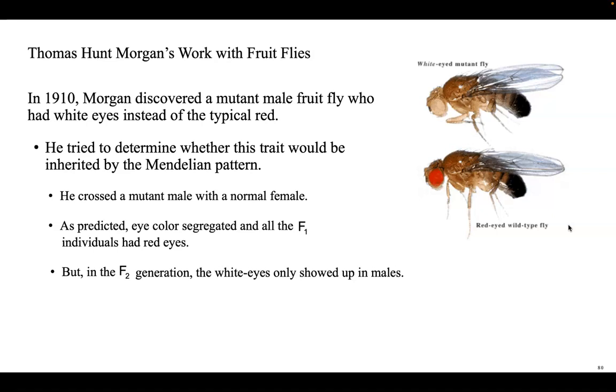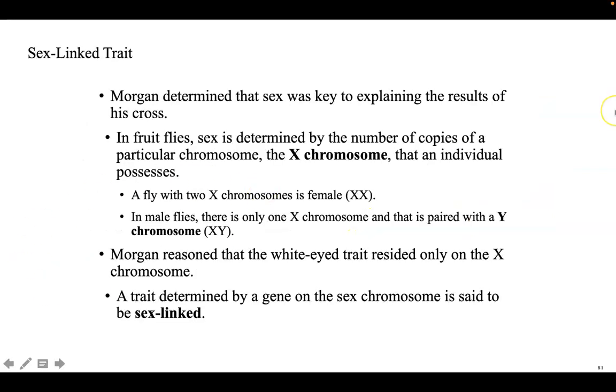He crossed a mutant male with a normal female. So the normal female has red eyes. And as predicted, eye color segregated, and all the F1 individuals had red eyes. But in the F2 generation, the white eyes only showed up in males. So Morgan determined that sex was the key to explaining the results of his cross.